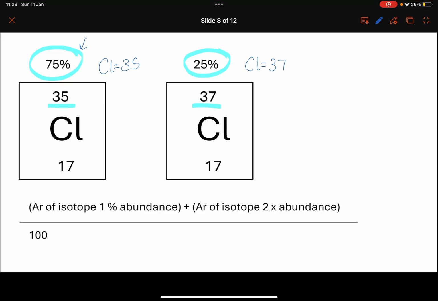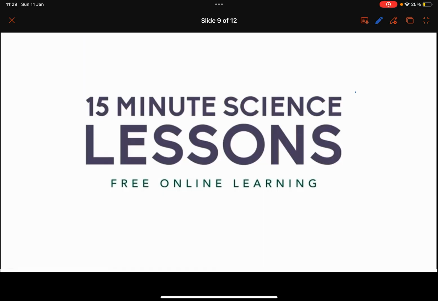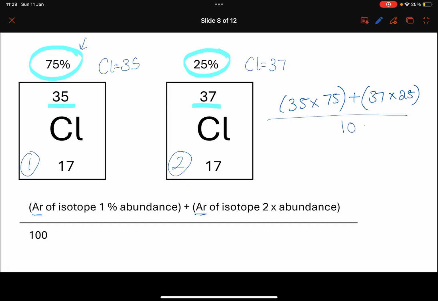Now, all we do is we follow this formula at the bottom. So we're going to call this one isotope 1, this one isotope 2. So Ar, we know that's relative atomic mass, that's the top number. So 35 times the percentage, which is 75, plus, and then the top number on isotope 2, so 37, times the percentage, 25, and then we're going to divide that by 100.